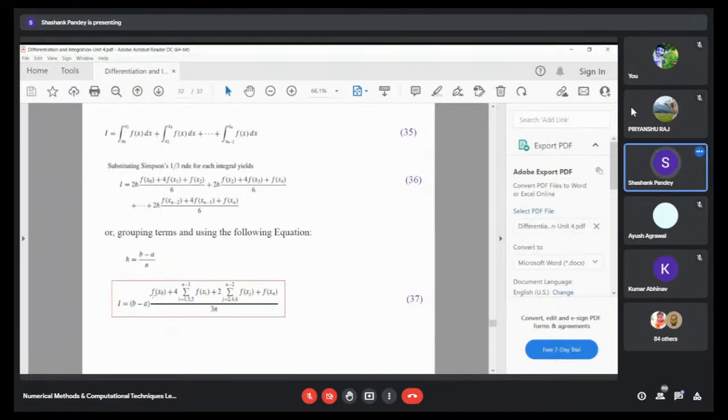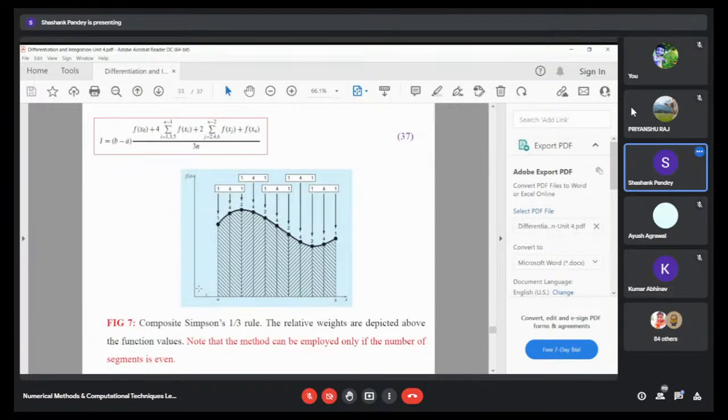Again, extreme values, that is the value of function at x0 and the value of function at xn, are simply added up. However, all the odd points, 1, 3, 5, 7, 9, are multiplied with a weight of 4, and all the even points are multiplied with a weight of 2, and this we call a composite Simpson 1/3 rule. So this is expression number 37, which is also written here.